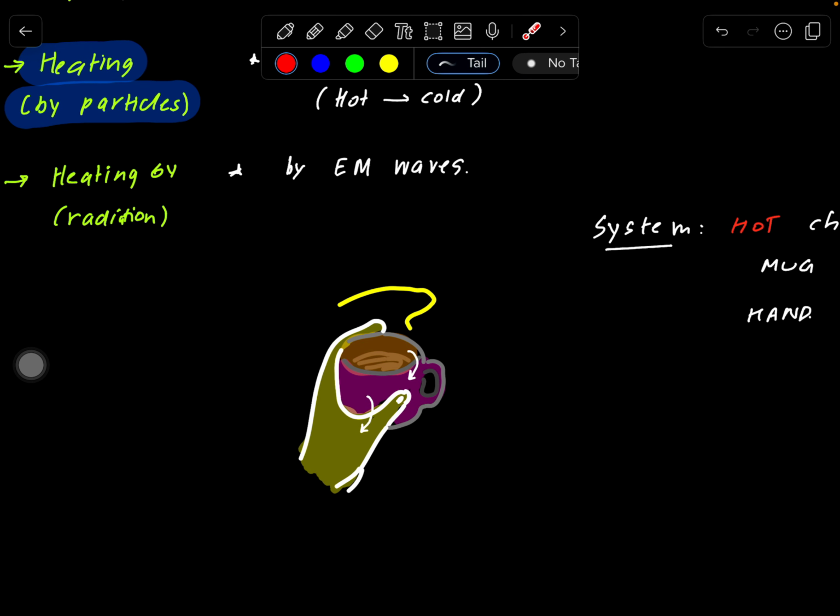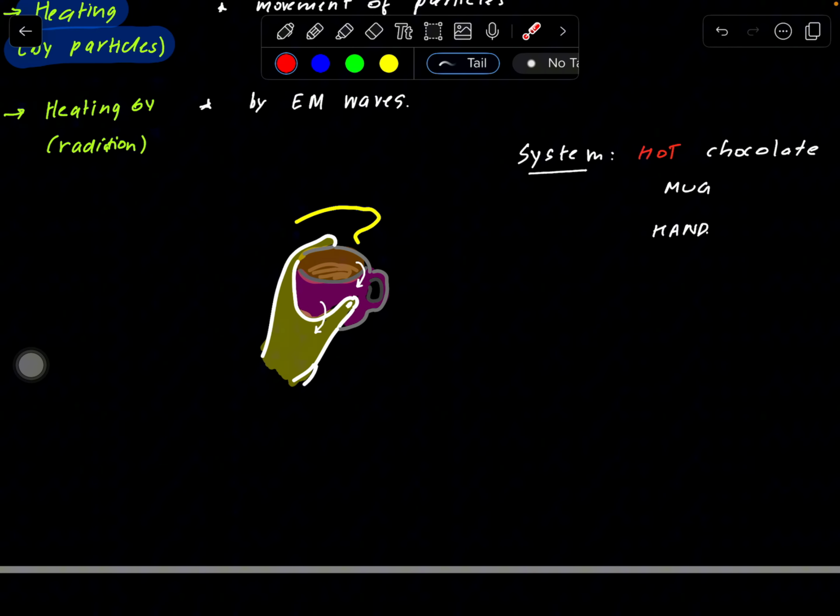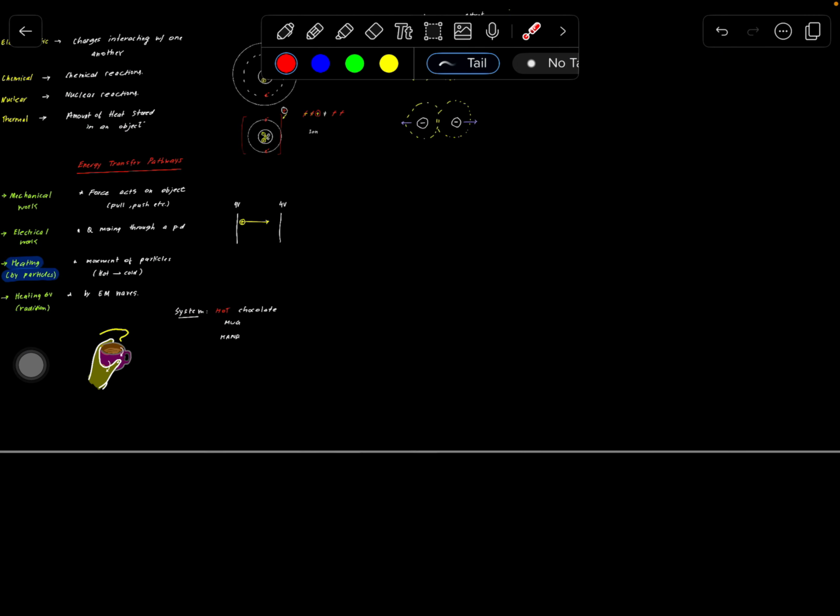Anyways. All right, let's take an example here and see if we can identify the energy transfer pathways and the forms of energy that are being transferred in these examples.